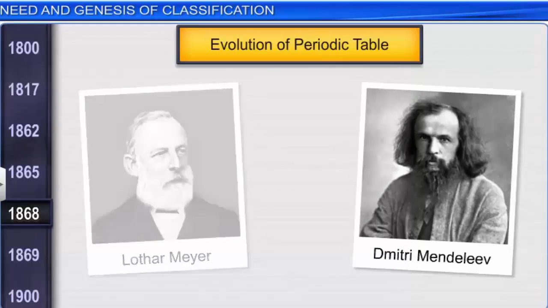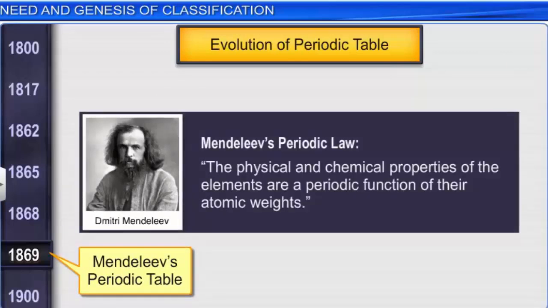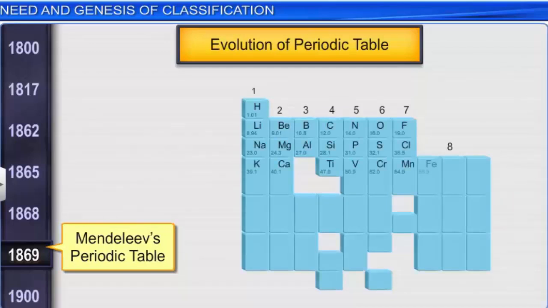In 1869, Russian chemist Dmitri Mendeleev published a periodic table and corresponding periodic law of 63 elements known at that time. Mendeleev's periodic law states that the physical and chemical properties of the elements are a periodic function of their atomic weights. Mendeleev created the periodic table by listing the elements in a row in order of atomic weights and starting a new row when the characteristics of the elements began to repeat.